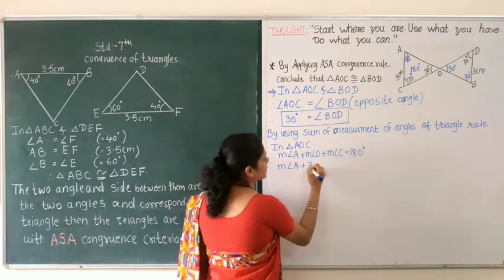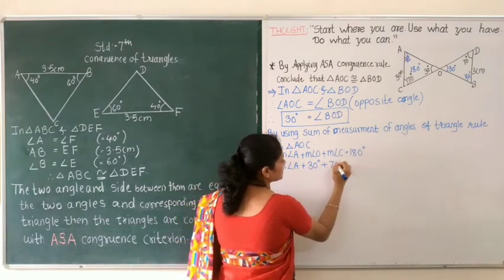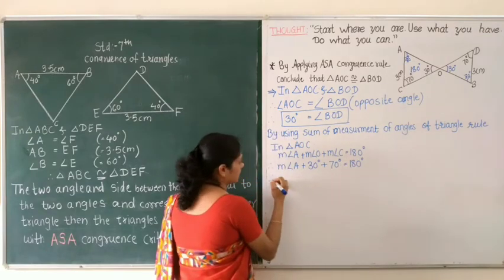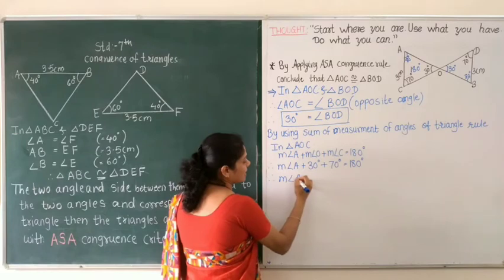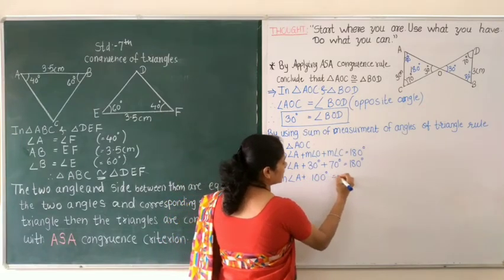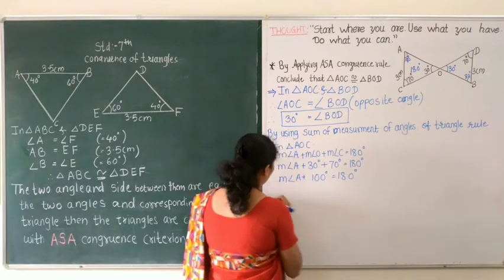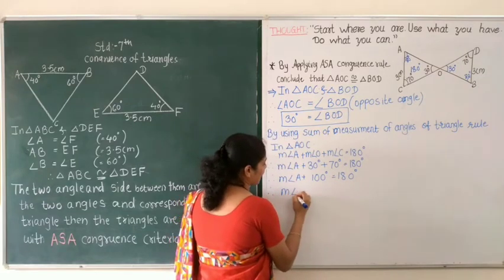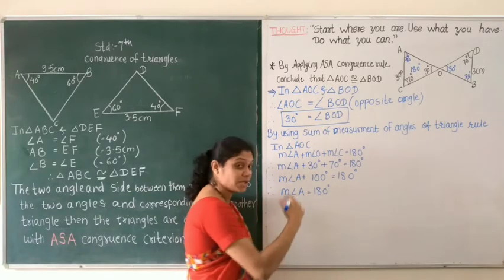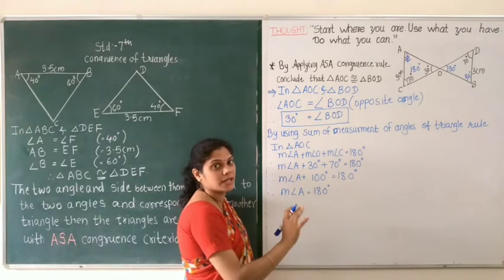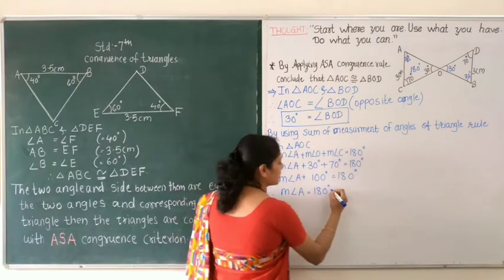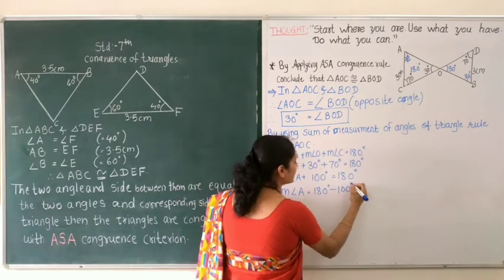Measure of angle O is 30 degrees and measure of angle C is 70 degrees, equal to 180. So measure of angle A plus 70 plus 30, which is 100, is equal to 180. So measure of angle A is equal to 180, and while changing the place of a number, it also changes its sign. So plus 100 becomes minus 100.